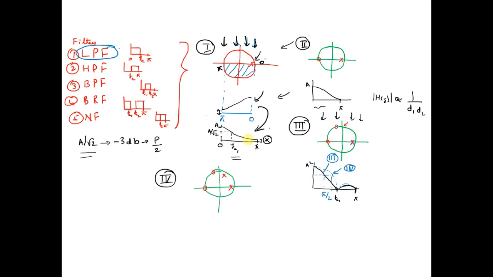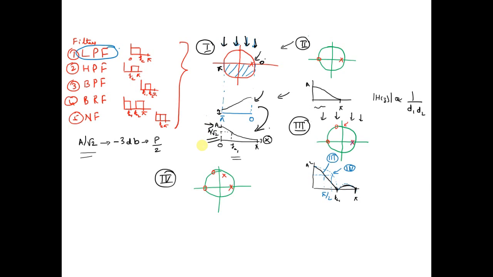Now, what should be the cutoff of the system? What should be the FC? The FC is defined by a frequency component where the amplitude becomes A by root 2, where A is the maximum gain of the system.